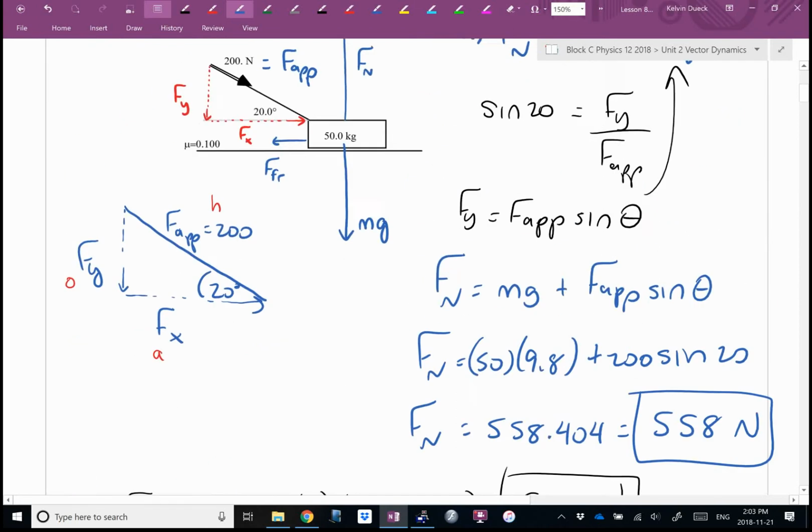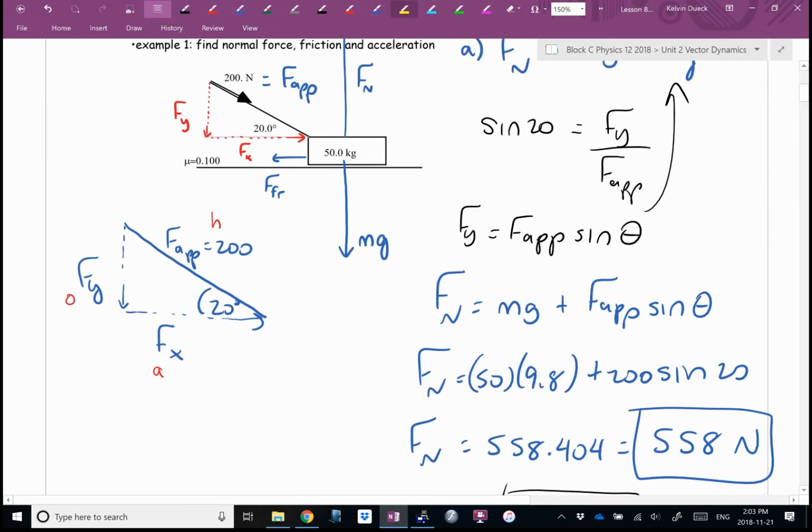Ooh, Fx. Which trig function? Of course it is. Oh, we'll take that. And if I'm not quite sure, really quickly here, I could say cos theta equals Fx over 200.